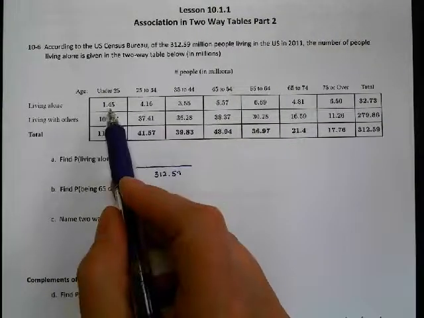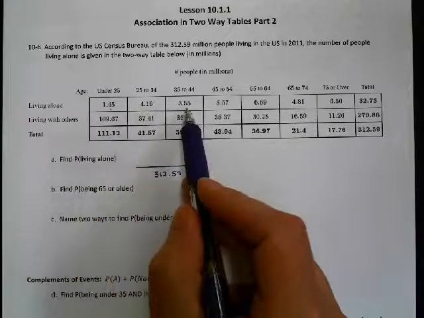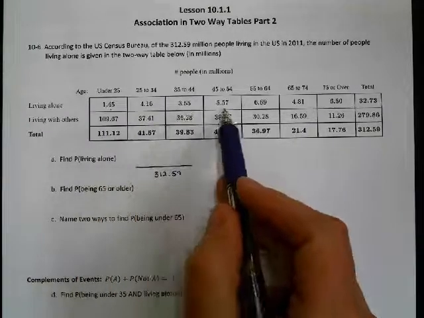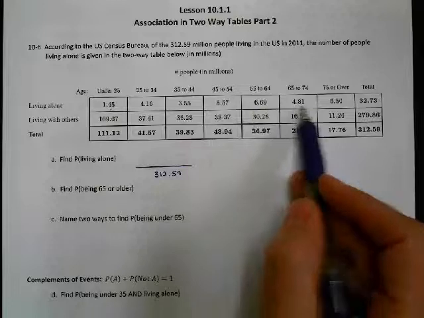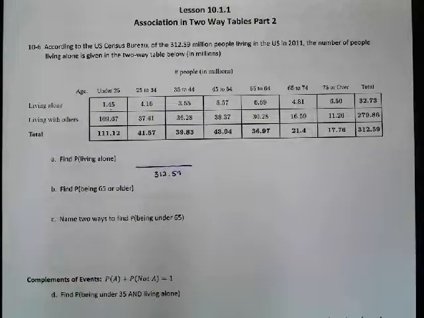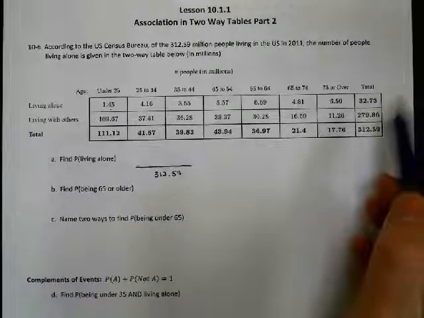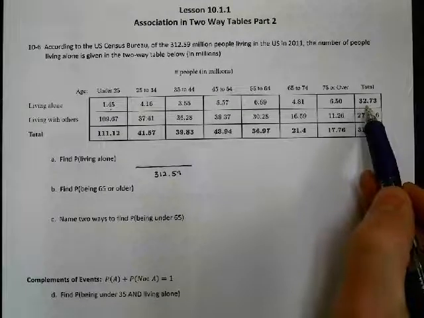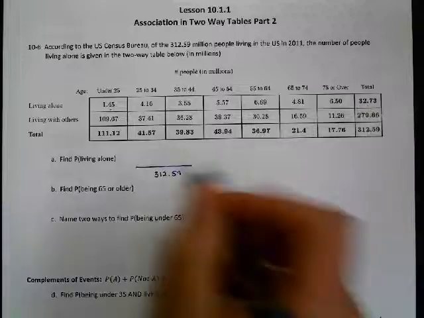We've got 1.45, 4.16, 3.55, 5.57, 6.69, 4.81, 6.5. We would have to find the probability by adding all those together. But the nice thing about the two-way table is they give us the total over here. So there's the total of all the people living alone.